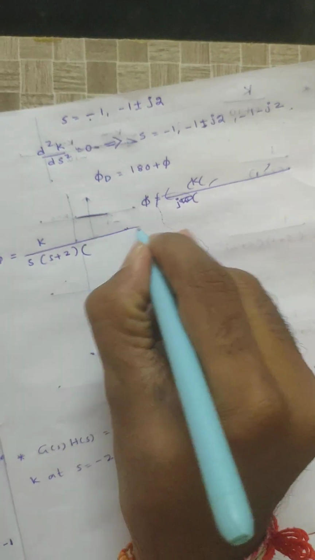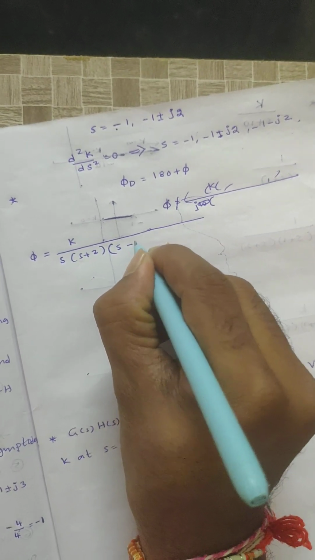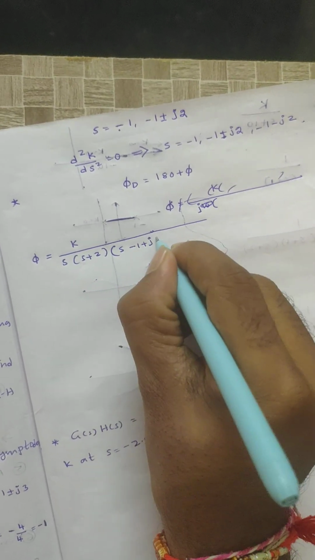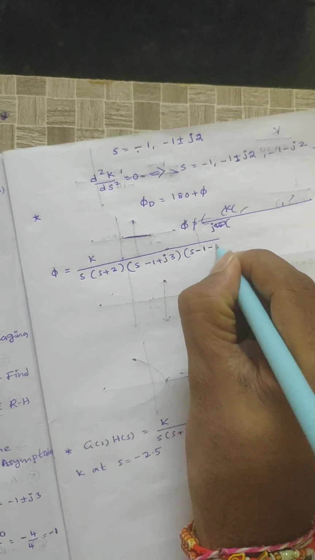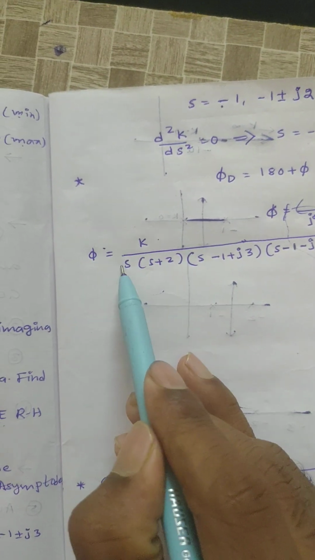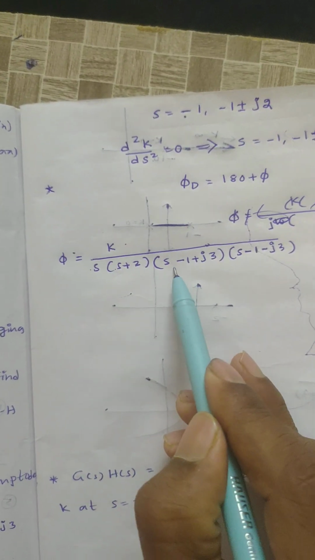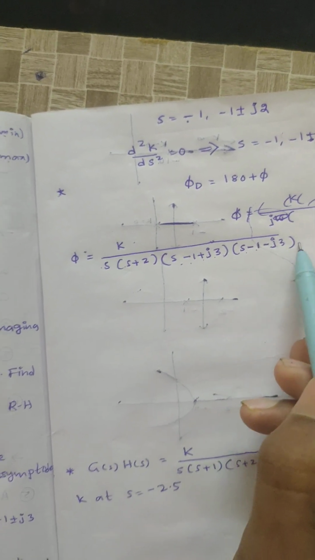I can express this in terms of roots, that is s minus 1 plus j3, next s minus 1 minus j3. Phi is equal to k by s into s plus 2 into s minus 1 plus j3, s minus 1 minus j3.